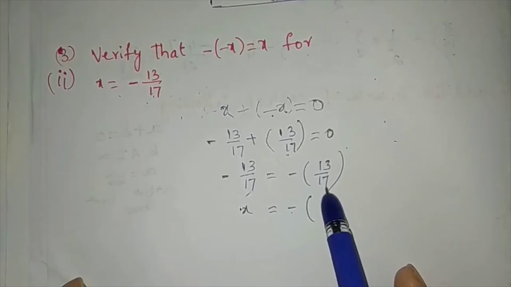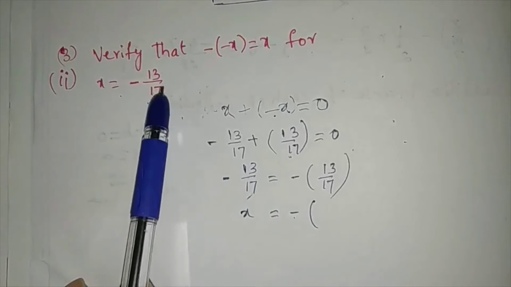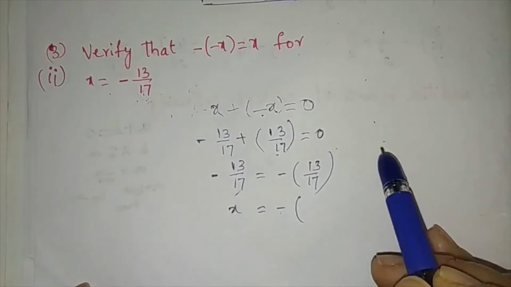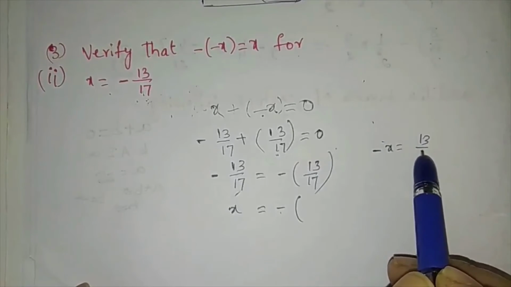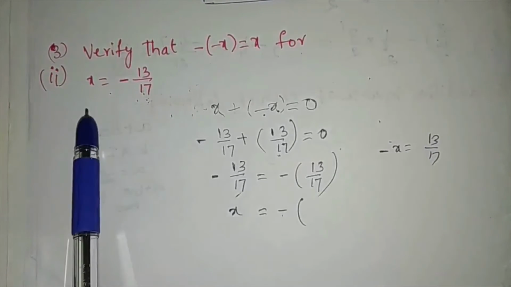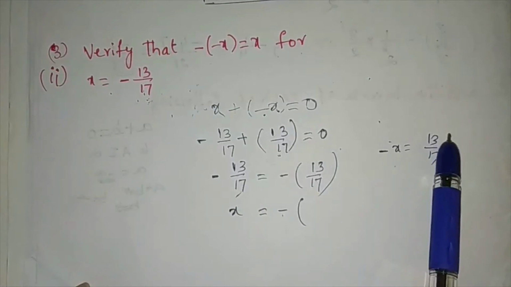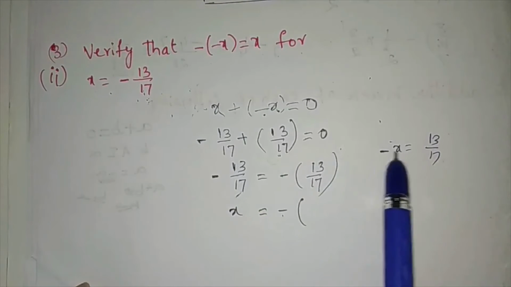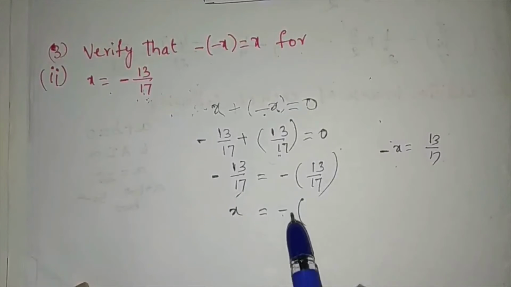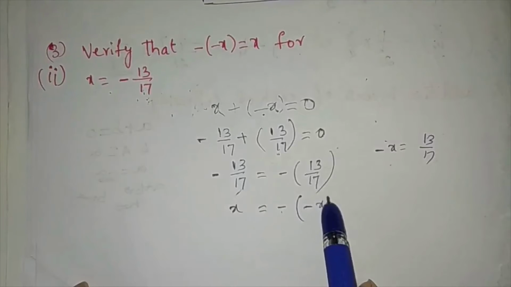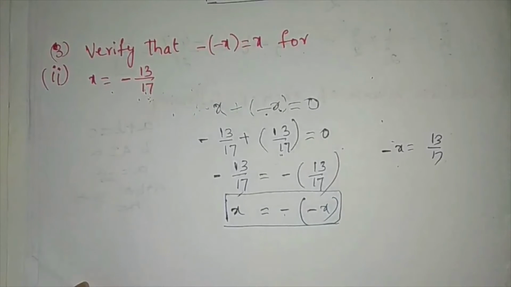And what is 13 by 17? If x is equal to minus 13 by 17, minus x is 13 by 17, just a change of sign. So 13 by 17 is nothing but minus x. Again, x is equal to minus of minus x, verified.